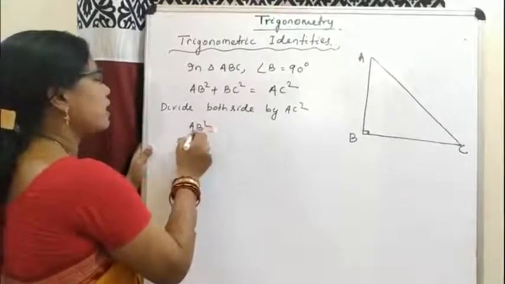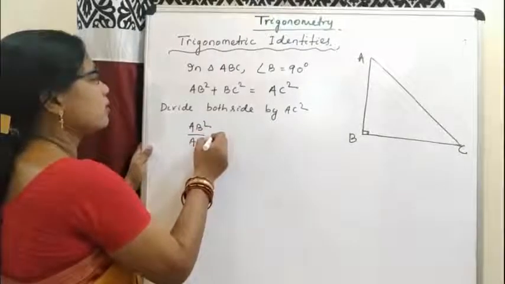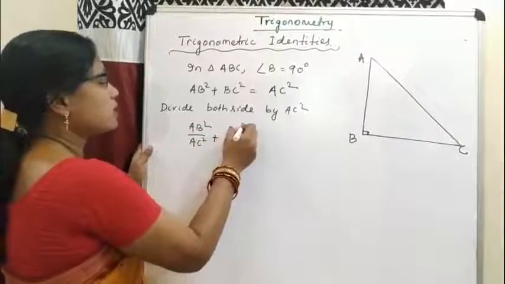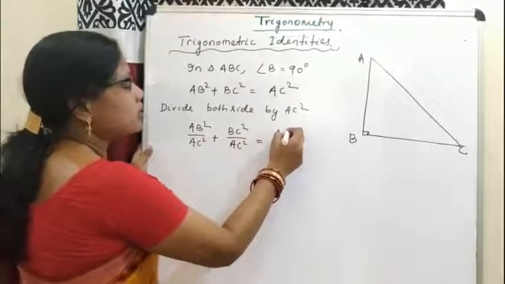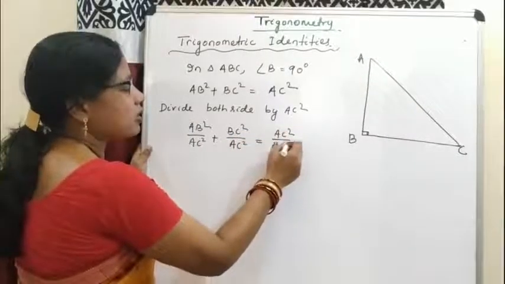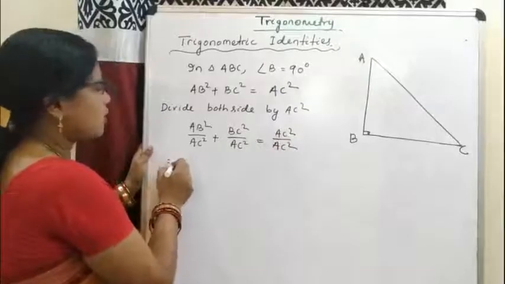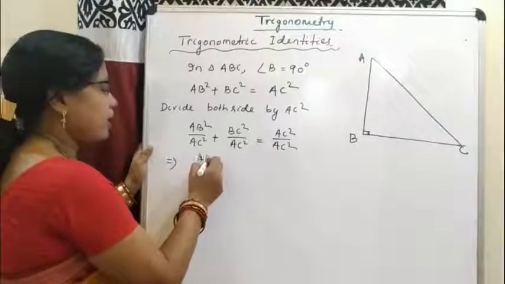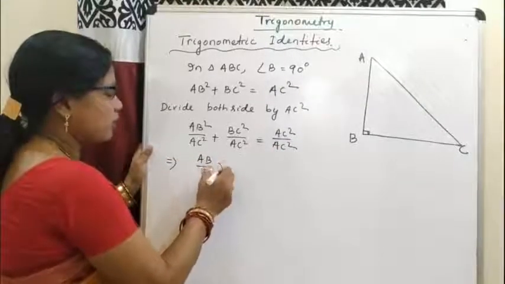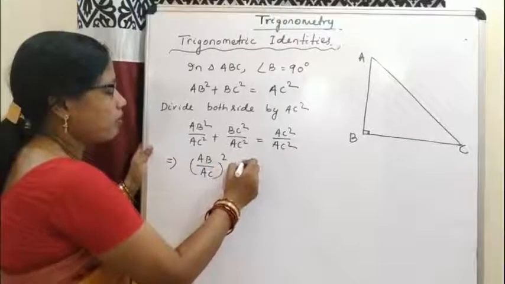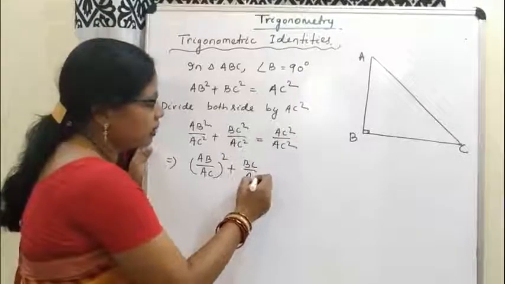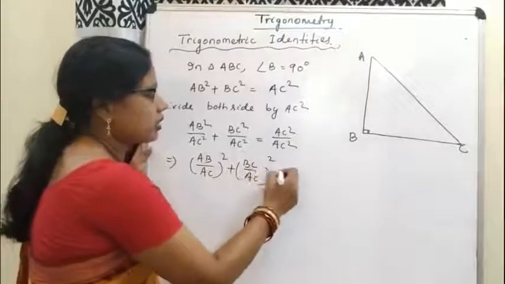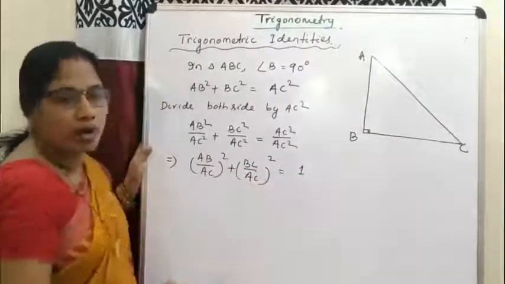AB square by AC square plus BC square by AC square is equal to AC square by AC square. So this is (AB by AC) whole square plus (BC by AC) whole square is equal to 1.